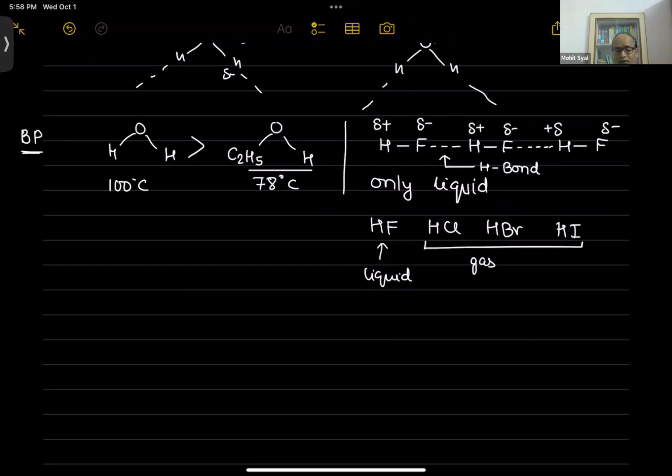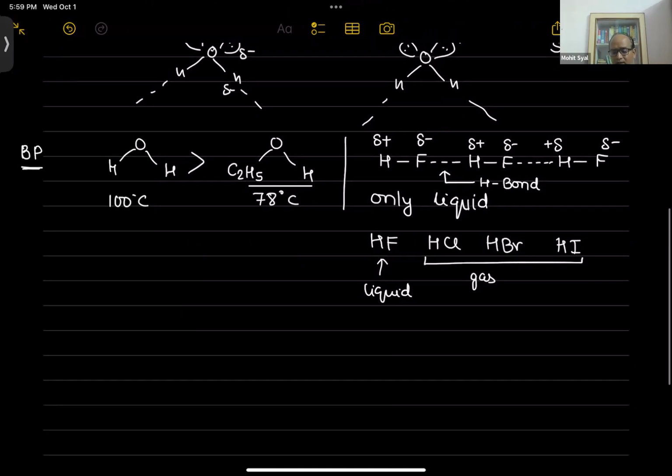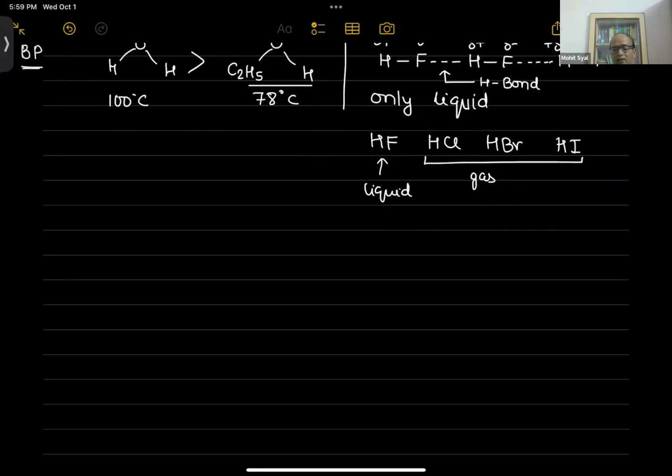So similarly, ammonia molecules can also participate in hydrogen bonding. What's the formula for ammonia? NH3. NH3 also can participate in hydrogen bonding.